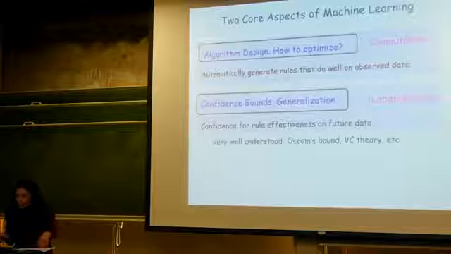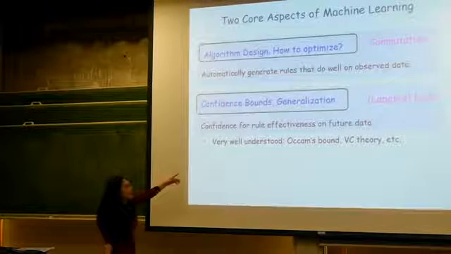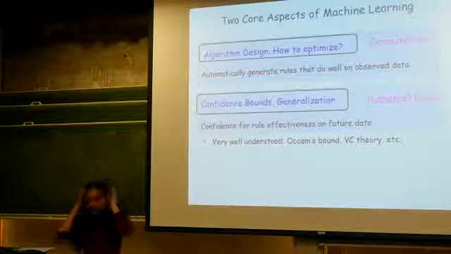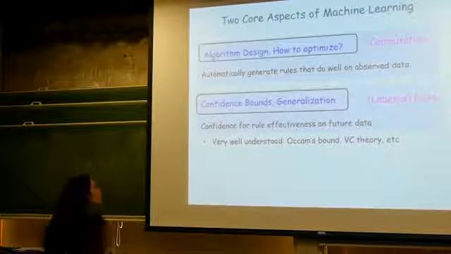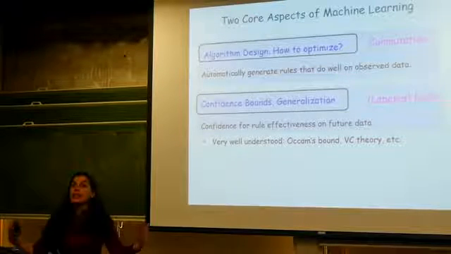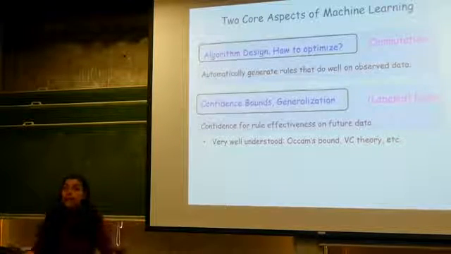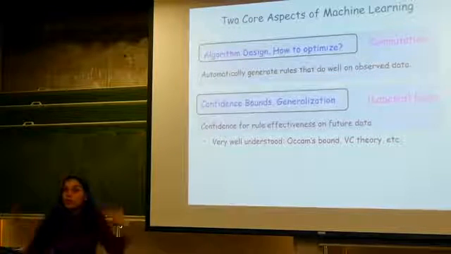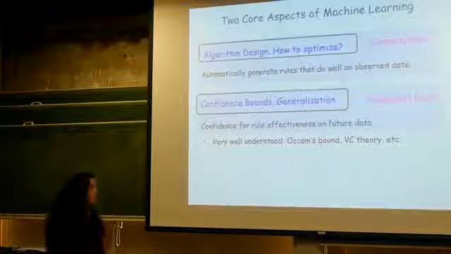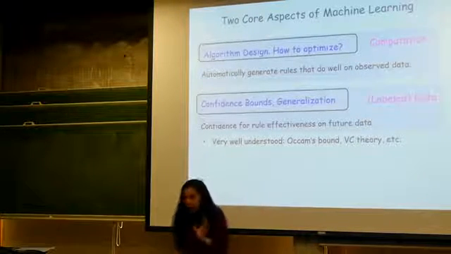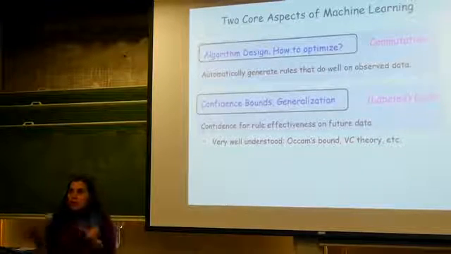Now, I want to mention that for the second question, as Tom already mentioned, there is a beautiful machinery, very deep math and very deep insights, quantifying in very general scenarios how much data we need to see in order to be confident that if we find something that does well over the data, we'll also do well in the future. And one such bound is the one that Tom mentioned, the Occam's razor bound. There are other bounds as well, and we'll talk about those later in the course.